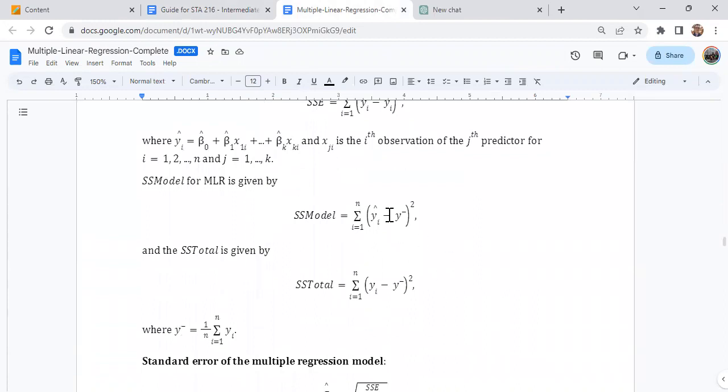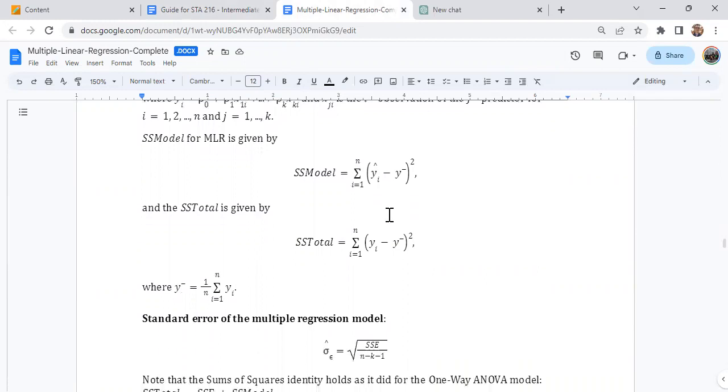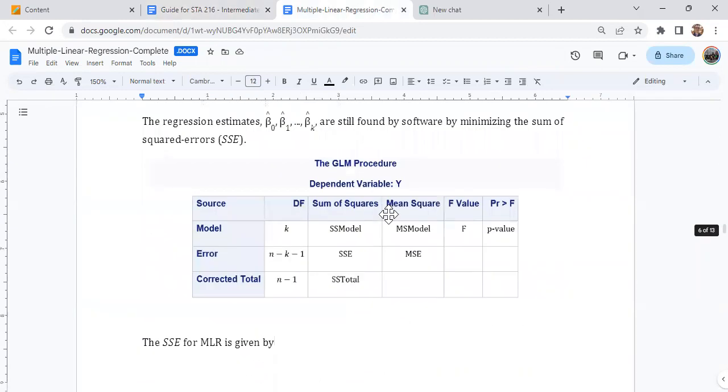Yeah, here's the formal equations, which I will not ask you to calculate by hand, but you'll just be given the ANOVA table. What might happen is you might have one cell of the ANOVA table missing, and you need to fill it in based on the equations that relate the different parts of the ANOVA table.